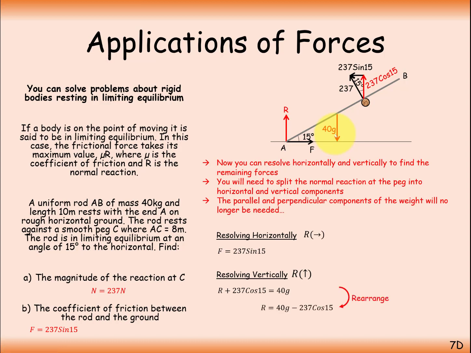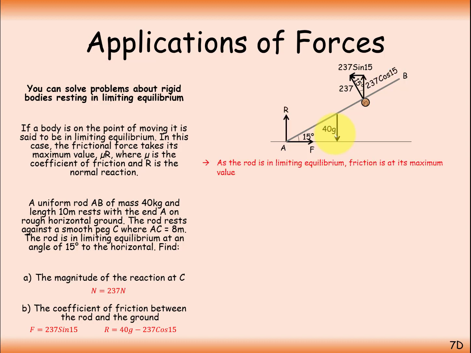Rearrange this, so we have R as the subject. Okay, now we're almost there. Now we know friction is at its maximum value, so F max equals mu R. Let's always write that down.